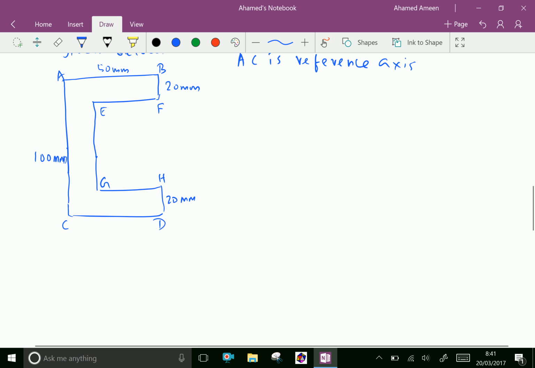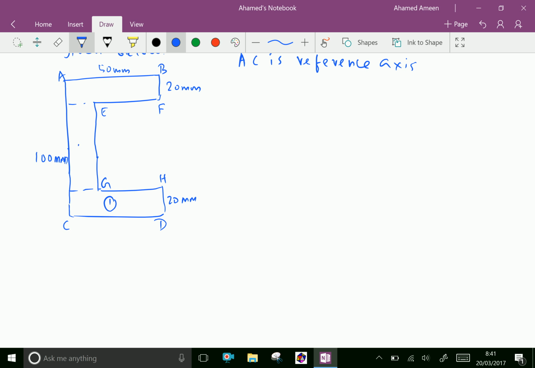Now, let us consider this section as three separate figures like that: 1, 2, and 3. Now, let us first find area 1. A1 equals 50 into 20, 1000 mm square.